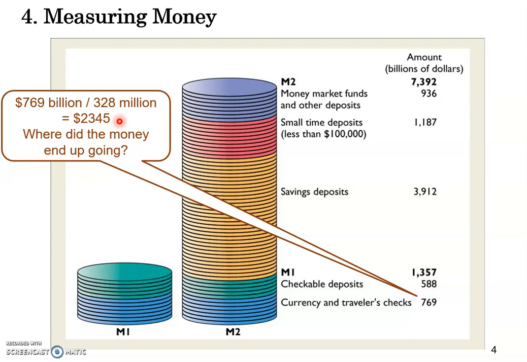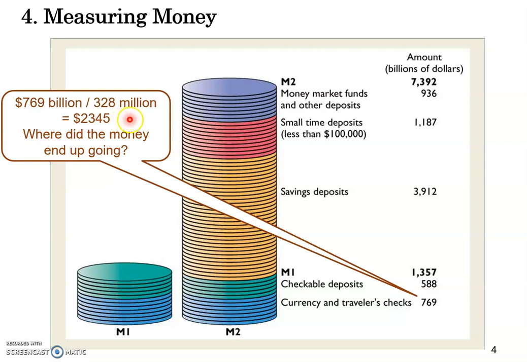For many of us, or probably most of us, that never happens, or very rarely happens. Then where did the money end up going? This much money. Now, you could say some people may carry a lot of money, but again, here what we are calculating is a national average.